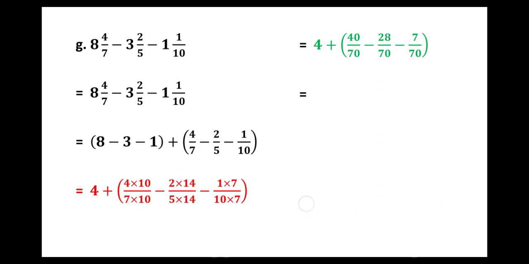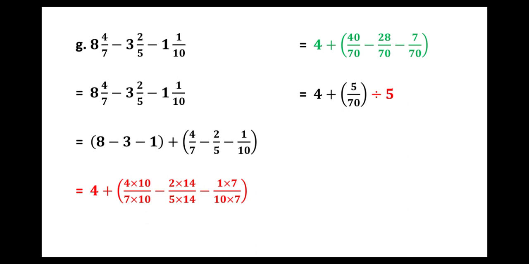So now we subtract only the numerators. After the subtraction of numerators we get 5 upon 70. Now you can check that 5 upon 70 can be reduced. Yes, it can be reduced by 5.